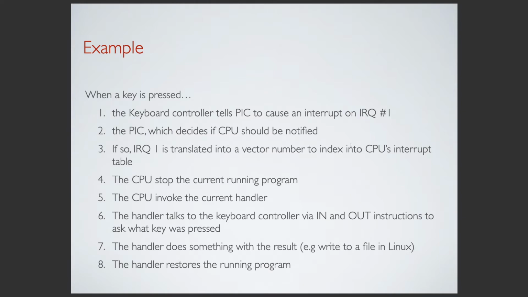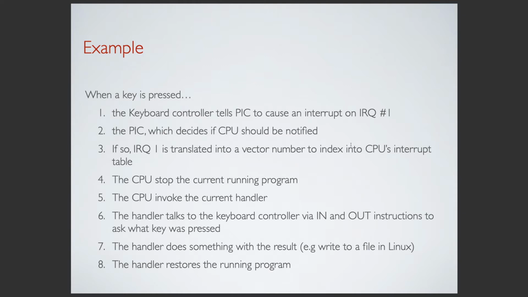So let's give a quick example here. Imagine you press something on the keyboard. What's happening exactly? As soon as you press a key, the keyboard has a controller, and this controller tells one of the PICs that there is something that needs the attention of the CPU.